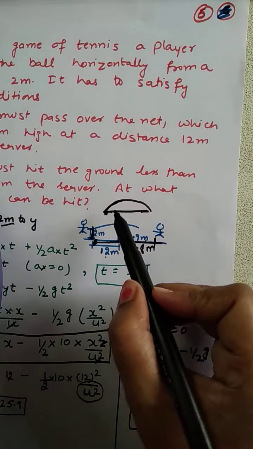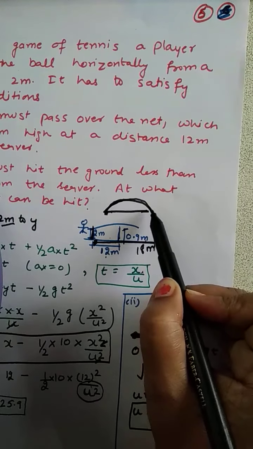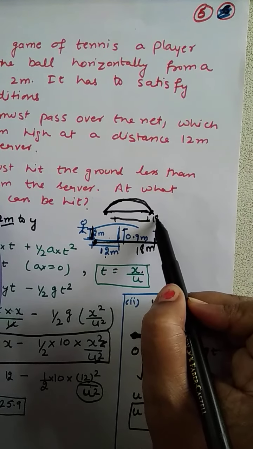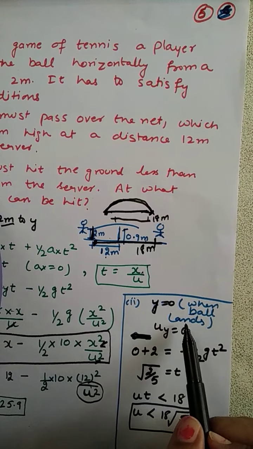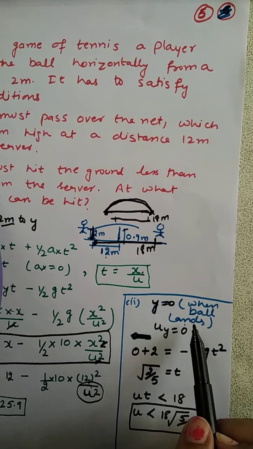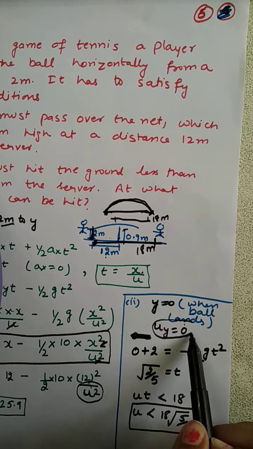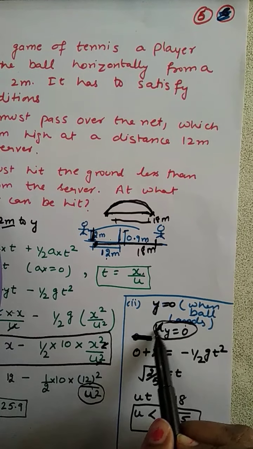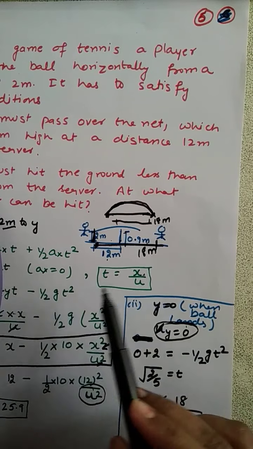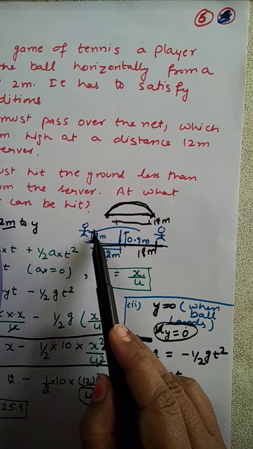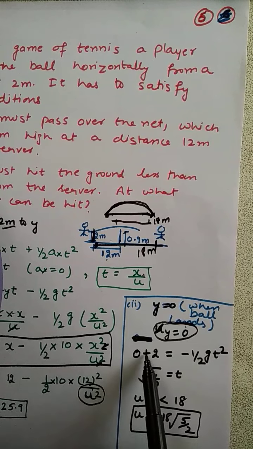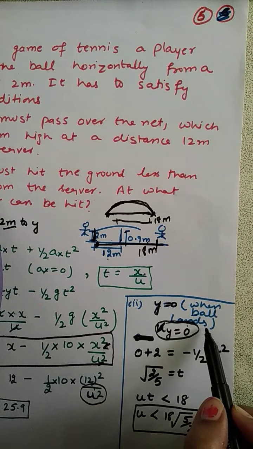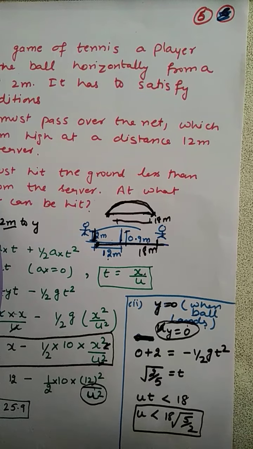Since the ball has to go from here and come back and hit the ground, which is 18 meter away, when it hits the ground the y-axis distance will be equal to 0, and I have added that 2 meter which this guy was standing at into the y-axis. So I will get 0 plus y is equal to minus half g t square, because in this case my u_y is also equal to 0.